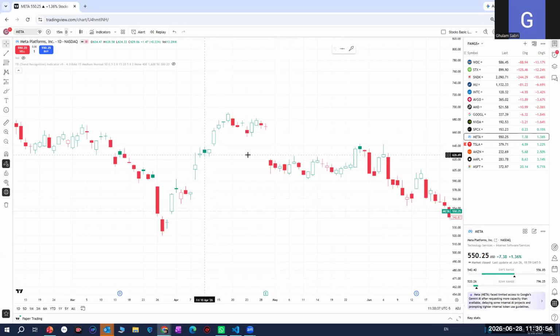Solid candles always mean that on that particular day, the stock closed lower than its opening price. And if it is red as well, it means it closed lower than yesterday's price. If it is green, it means it closed higher than yesterday's price. Okay?